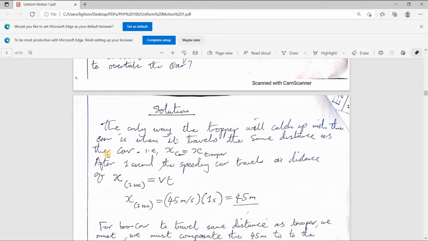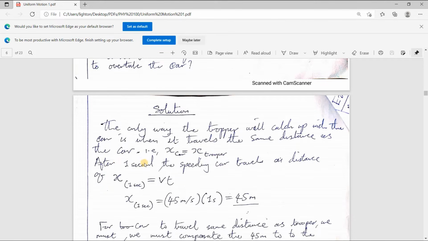You can both be traveling at different speeds, but the one behind has to be traveling faster, and of course they have to cover the same distance. So we use the concept of distance to solve this question, where we say x car must be equal to x trooper. x car is representing distance covered by the car, which must be equal to distance covered by the trooper.